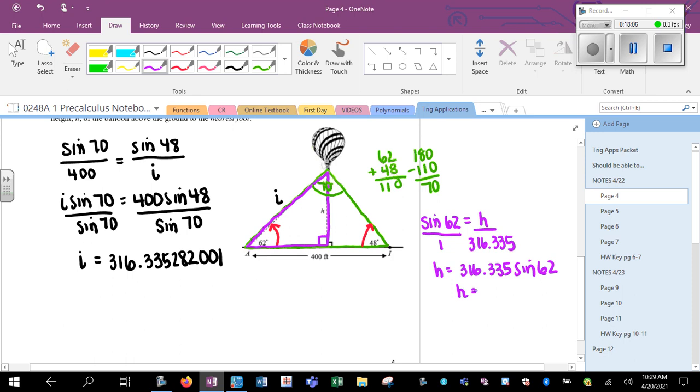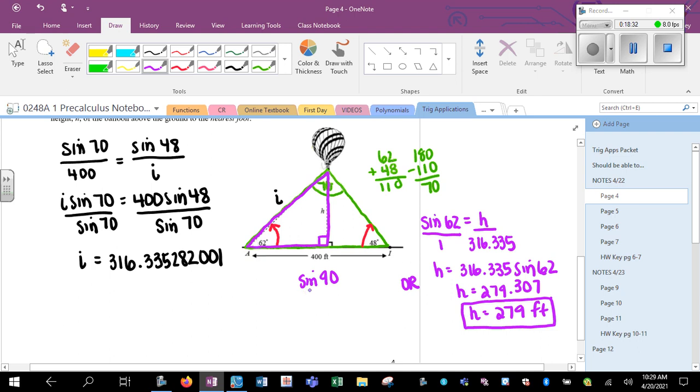Type that in your calculator, you'll get a height of 279.307, which to the nearest foot is 279. Or if you really like law of sines, you can use it with the 90 degrees. So I could also have said sine of 90, which we know is 1, which is why it's going to give us the 1 right there.